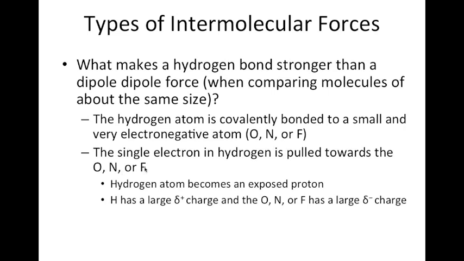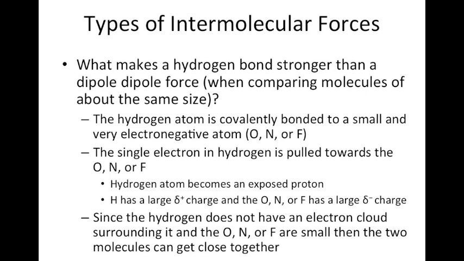So essentially, since hydrogen just has one electron, the hydrogen atom is basically reduced to an exposed proton. So then you have a very large partially positive region, and there are no electrons surrounding the hydrogen, so a neighboring molecule can get very close to it.